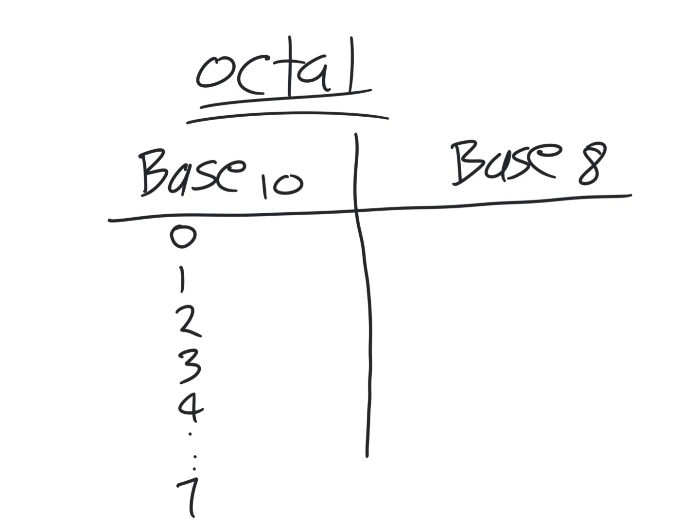And then in octal, it's 0, 1, 2. So all the numbers match. So to be clear, we should add little subscripts in there just to note which base we're looking at.